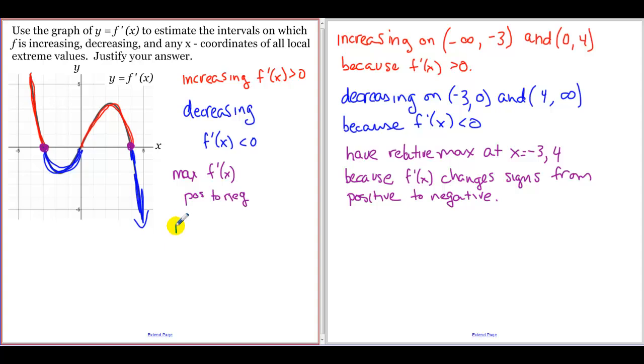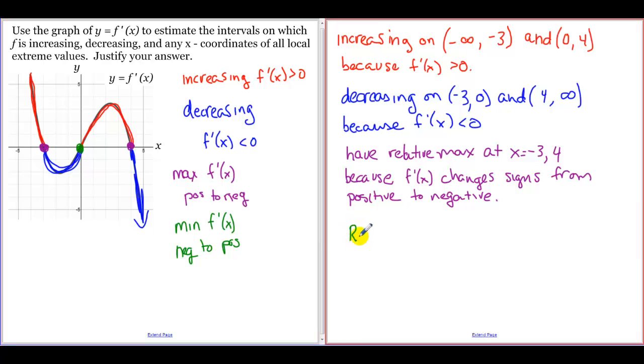And we're going to have a min. We have a minimum when our derivative changes from negative to positive. F prime of x changes from negative to positive. So where is our graph? The actual values of the graph change from negative to positive. That's at 0.